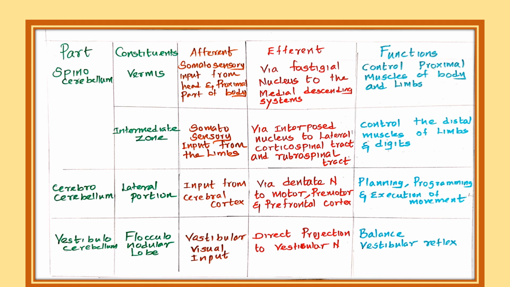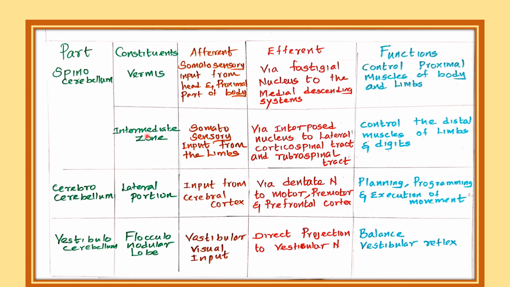Spinocerebellum consists of the vermis and intermediate zone. The vermis receives the sensory input from the head and proximal part of the body. It efferents through the fastigial nucleus to the medial descending system. It controls the proximal muscles of the body and limbs.